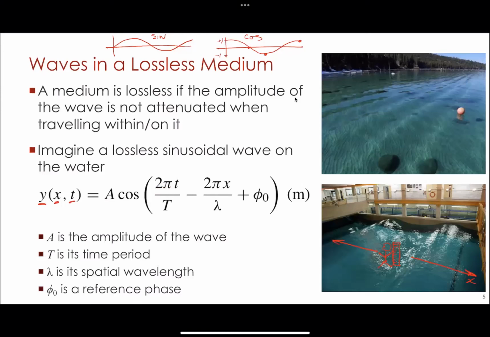So now you've got your kind of 0 position. Then the wave machine starts and you start measuring heights above that or heights below that. The peak of the wave would be A. So in that example I said before, if the peak is 20 centimeters, A equals 20 centimeters, which is 0.2 meters. Then we have cos.